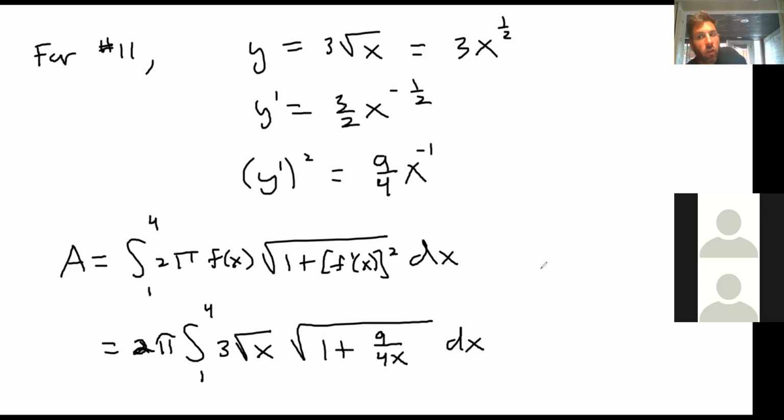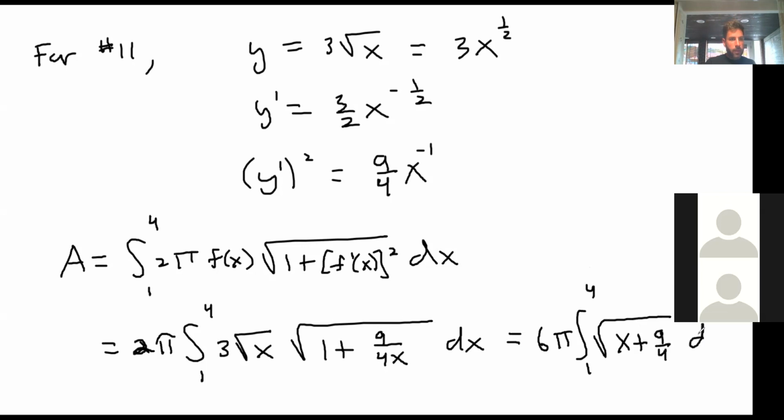This looks overwhelming, but if you remember your exponent properties, this integral is pretty straightforward. You can pull the 3 out and you're left with 6 pi integral 1 to 4. Then if you combine the radicals, you're left with x plus 9/4 dx if you distribute. So you guys can finish that. I can't steal all the fun from you, but we'll let you have that fun.